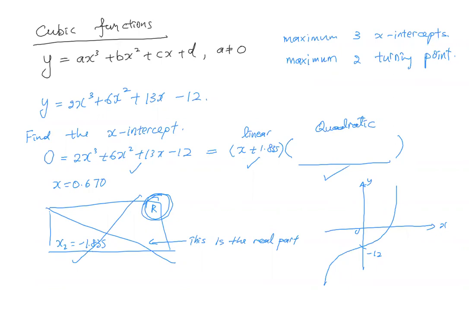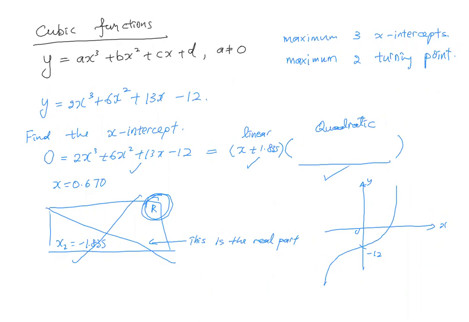So this is about cubic. So tomorrow, I'm going to teach you how to write a cubic function as a product of a linear and a quadratic. Yes. So why I need to teach you that, I will explain to you tomorrow.